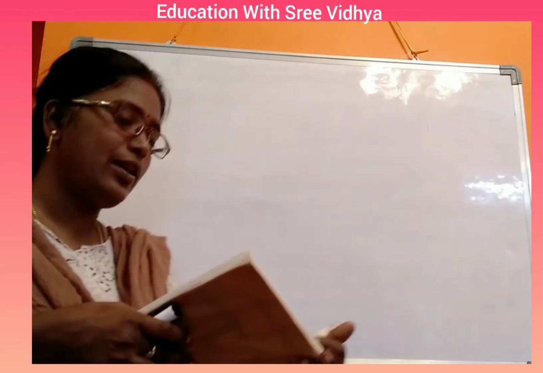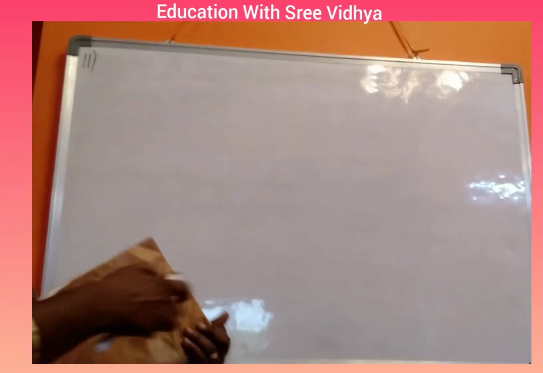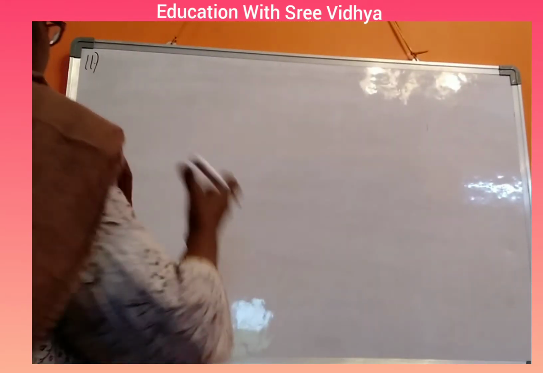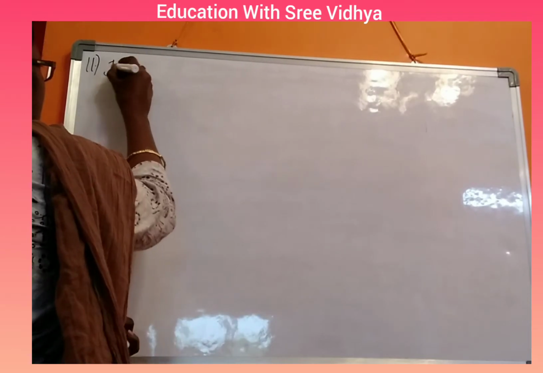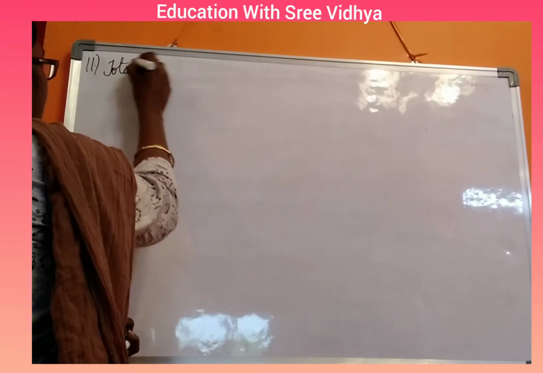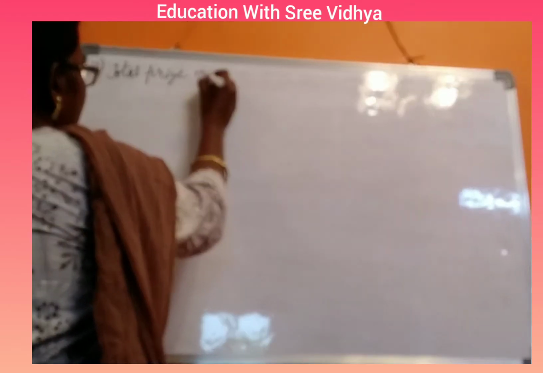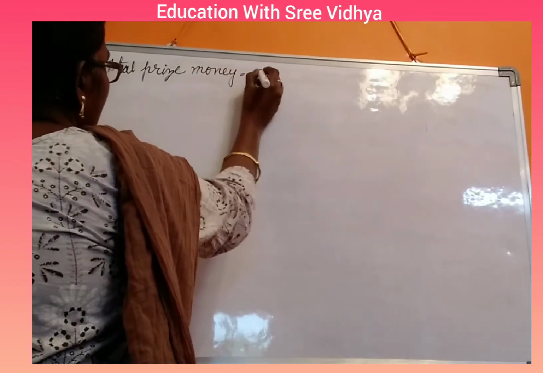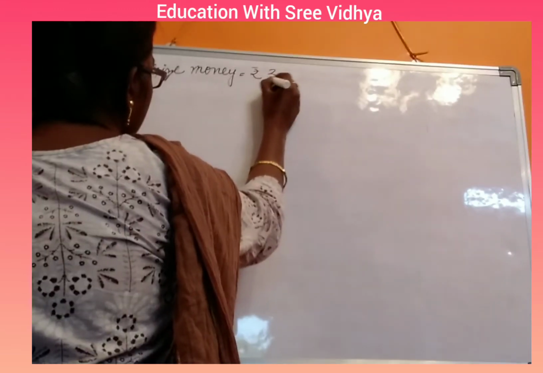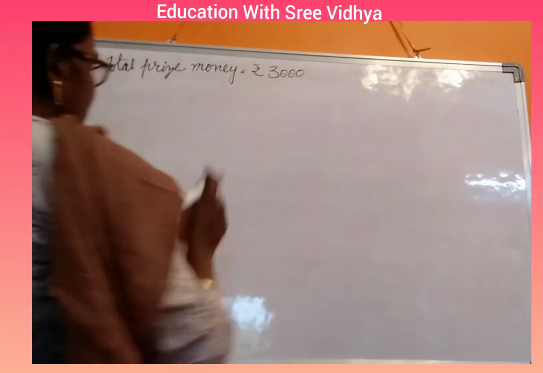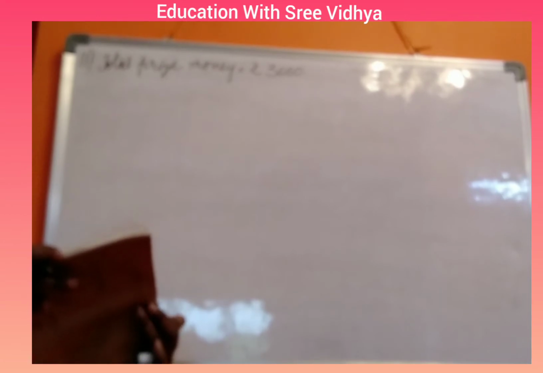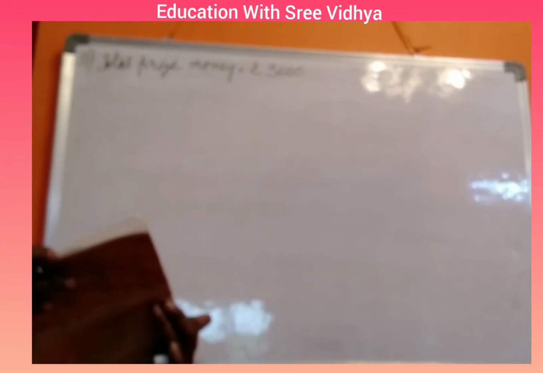First, what is given in the question? Total prize money: how much is allotted? 3,000 is allotted. And for how many prizes?